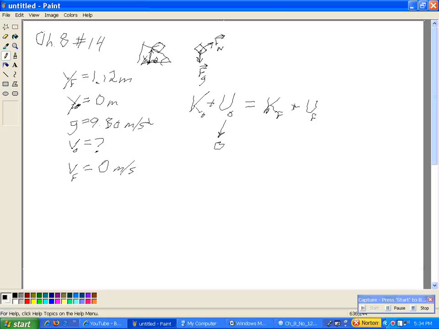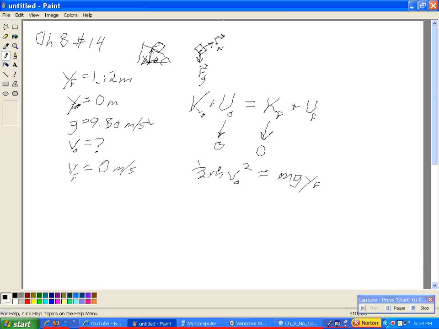Since it's stopped, the velocity is 0, so this kinetic energy also goes to 0. But it has a height, so it stays. Alright. One half m v initial squared equals m g y final.